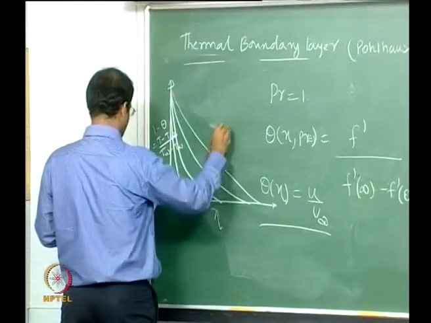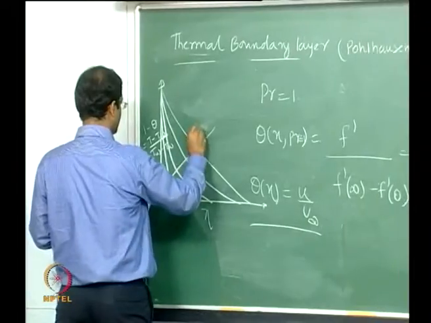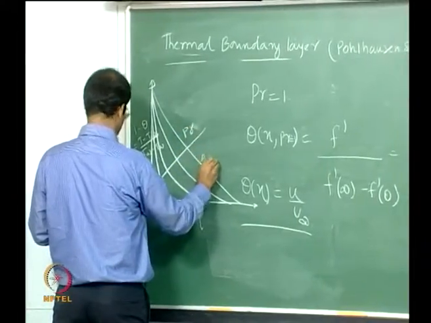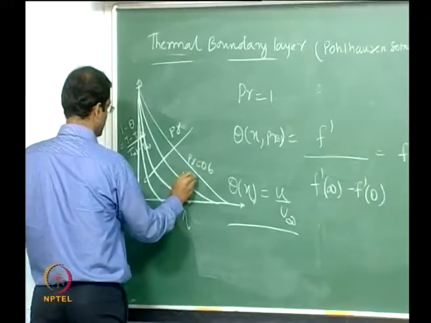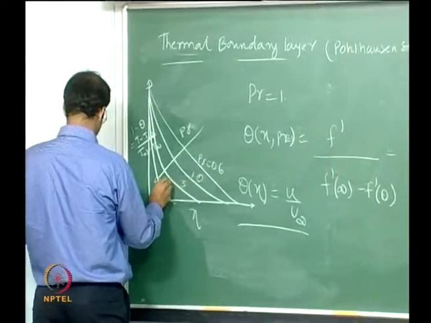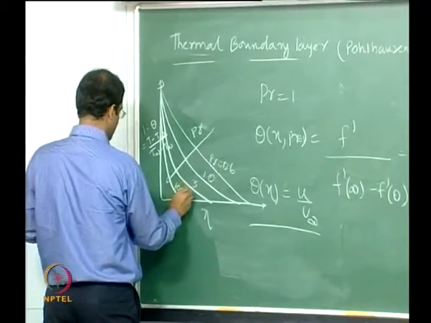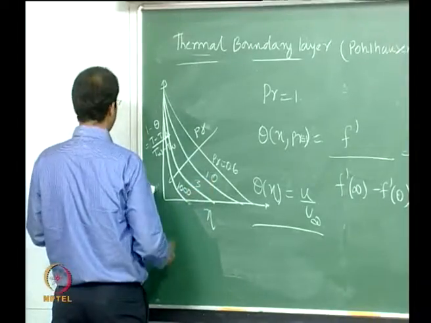So this is all for increasing values of Prandtl number. Say this could be Prandtl number 0.6, then this could be 1, 3, something like 1000 and so on.